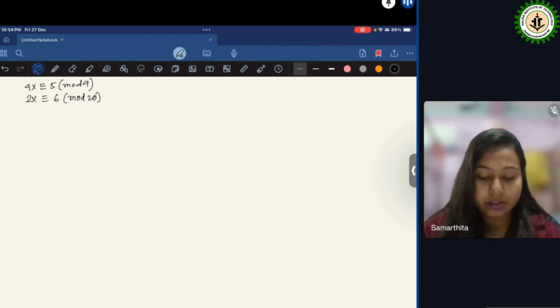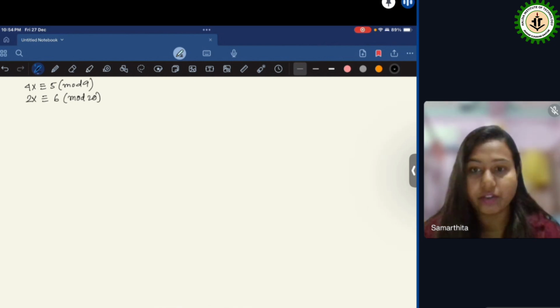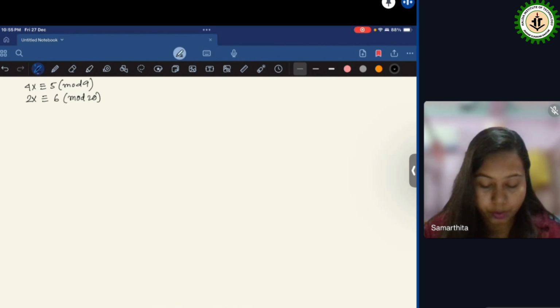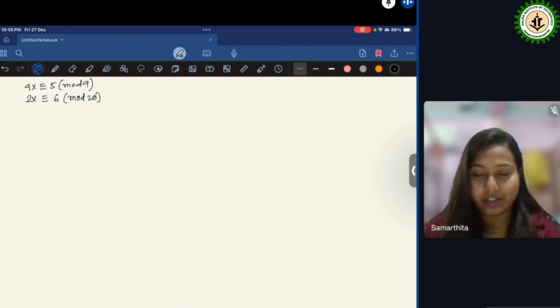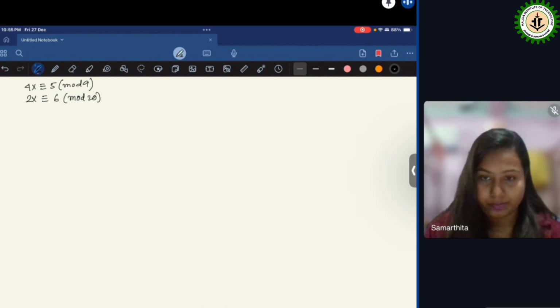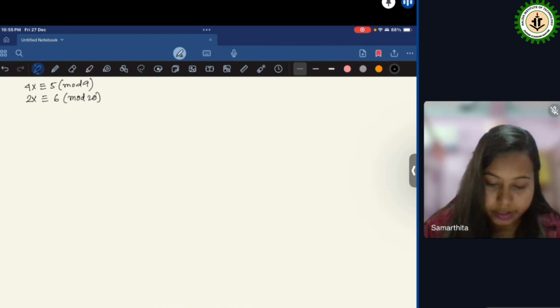Because in our standard equation there is no coefficient of x, but here in the first equation the coefficient of x is 4, and in the second equation the coefficient of x is 2. So now we have to remove these 4 and 2, and rearrange these equations as our standard equation, right? So to vanish the coefficients, we have to do this.